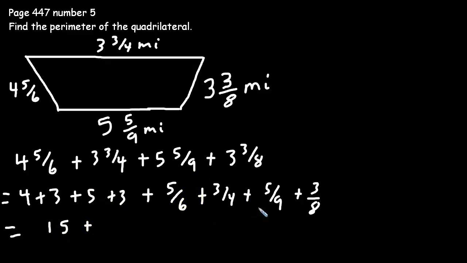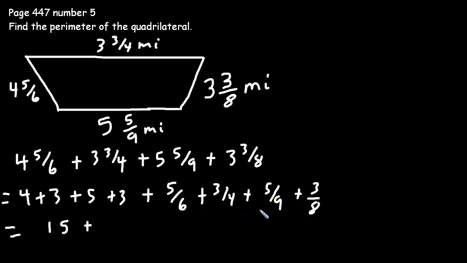What we need to do here is find a common denominator, a number which all these will go into. And so we have a 9 and an 8. It looks like it'll be a rather large common denominator here. Let's see, will all of these numbers go into 72, I believe.